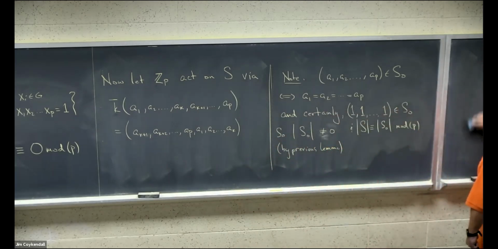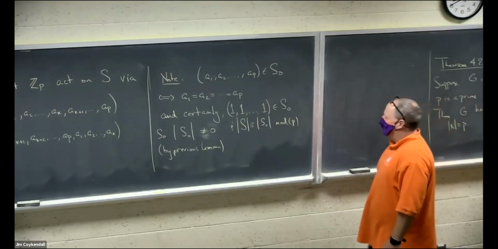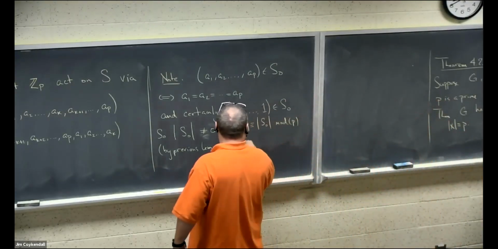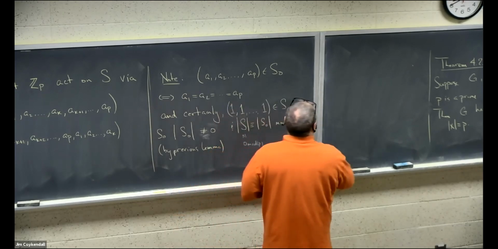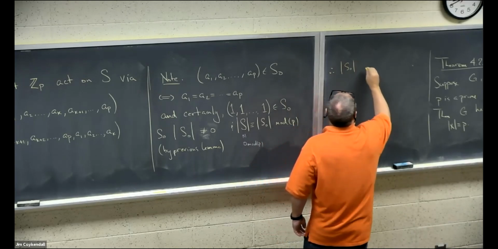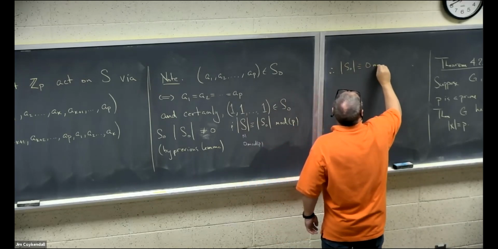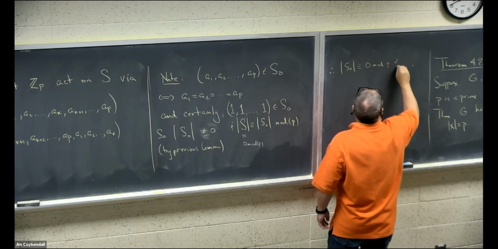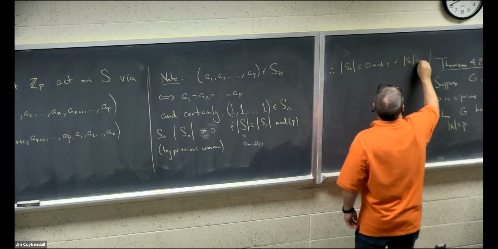But we also know that S itself is equivalent to 0 mod P. Therefore, S0 equals 0 mod P, and S0 contains the identity.